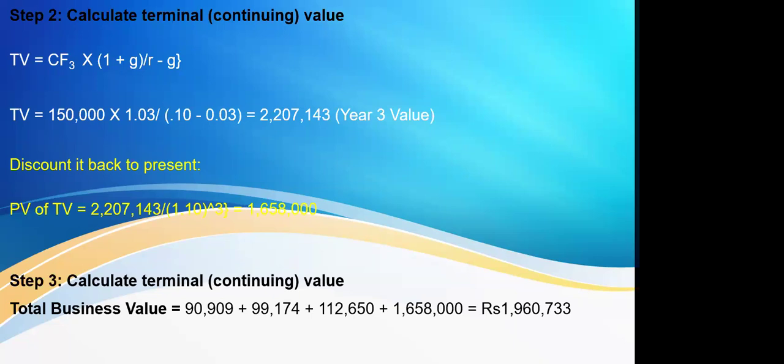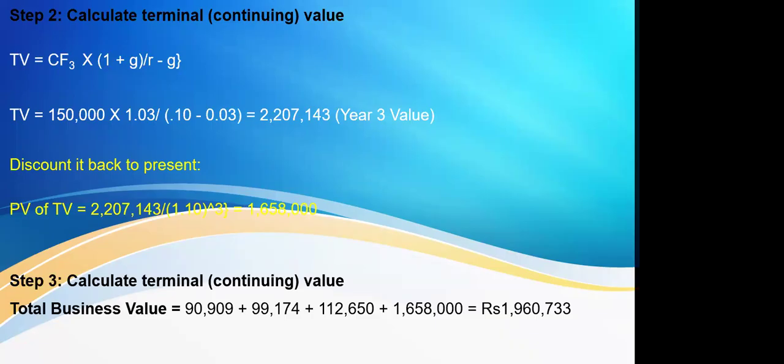Then you remove the plus G, 0.03, so only 1 is remaining. In the denominator, only 10%, 0.10. Good. No growth, so you can remove G from the formula and calculate the present value of 150,000 without growth.